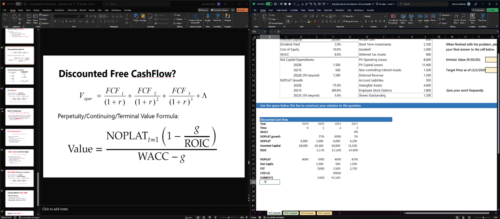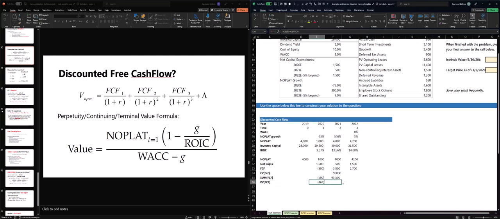So what we need to do is PV of free cash flow. So this divided by 1 plus the WACC to the power of how long are we gonna get that money? So in 1 year, just 8%.